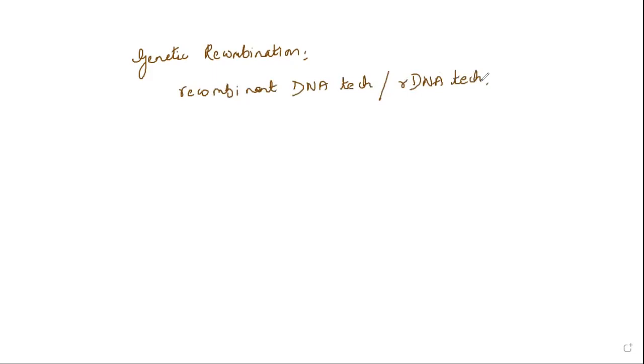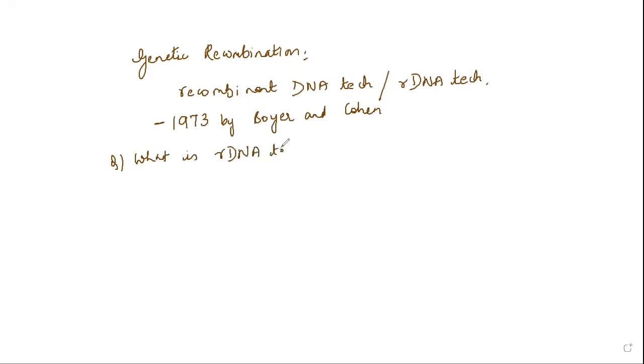The technology of recombinant DNA was developed in 1973. Please remember, students, it was developed in 1973 by Boyer and Cohen.